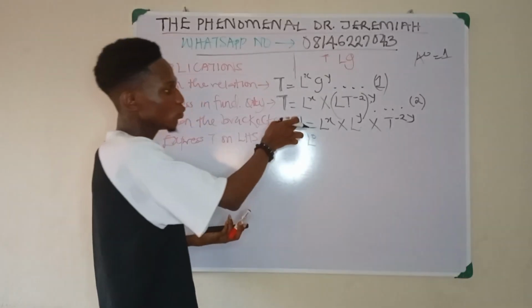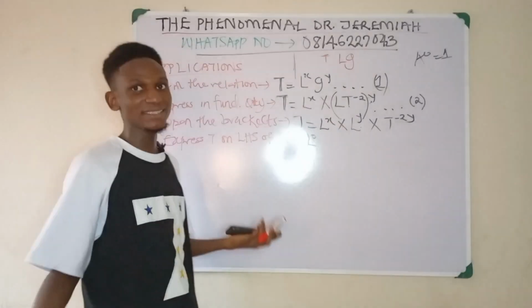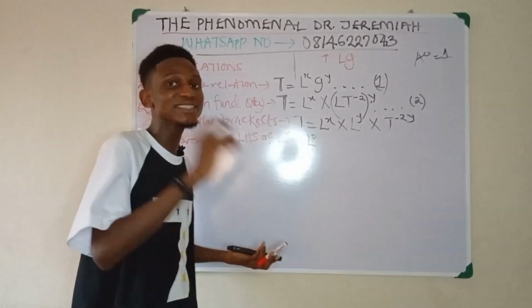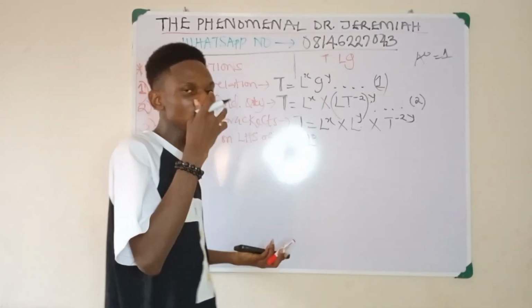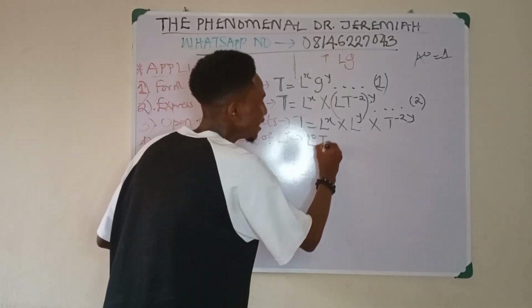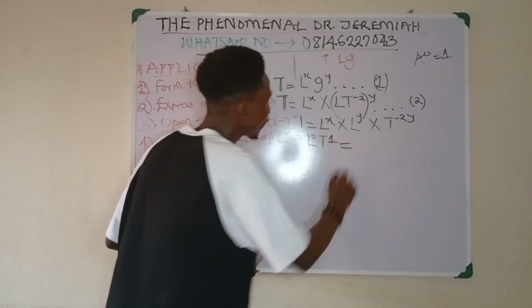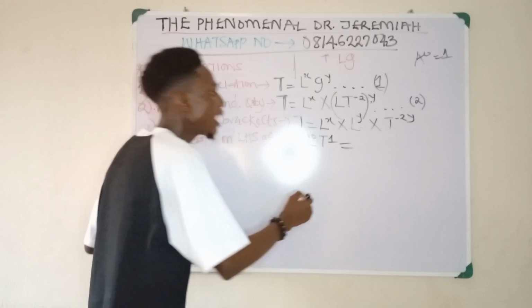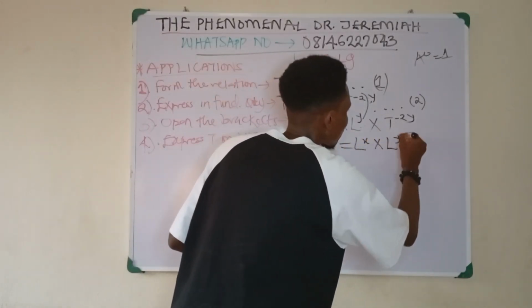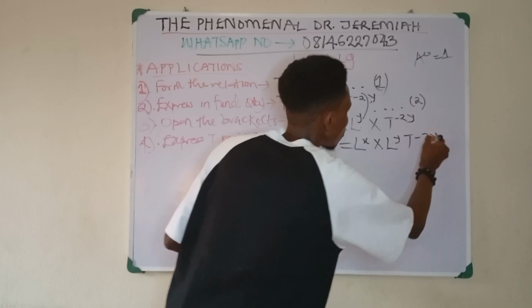L raised to power 0 gives you 1, so 1 times T is T. We have to bring this L here so we can express the dimension and form the equation. You see why it's important now. So we are going to have L raised to power 0, T raised to power 1. We're going to express all of them in terms of their power. Now we have Lx times Ly T minus 2y.